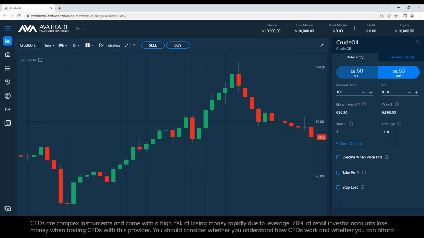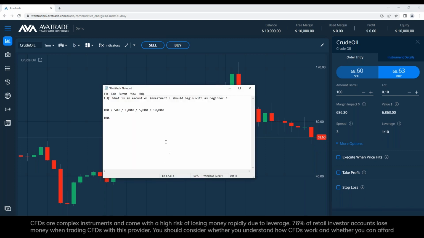I just want to have 100 barrels. There are a few things here: take profit, stop loss. We're going to explain in a moment what they are and what they are doing. Now the price per barrel is 68.6. In a nutshell, buy or sell 1 unit, and over a $1 price difference will result in $1.